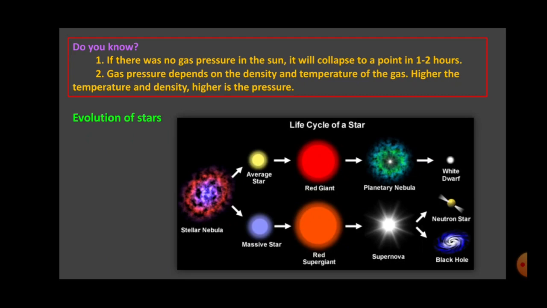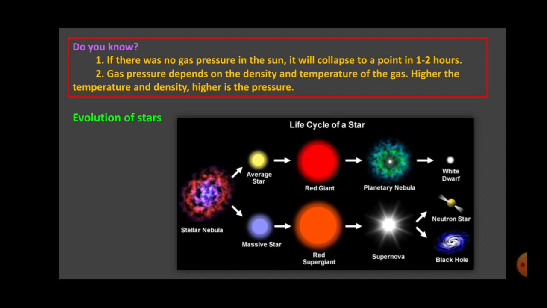Now, when the energy generation stops, the temperature of the star starts decreasing, right? There is no energy supplied, so the temperature starts decreasing, and due to this, the gas pressure and the gravitational force also decrease, and the balance is not maintained.